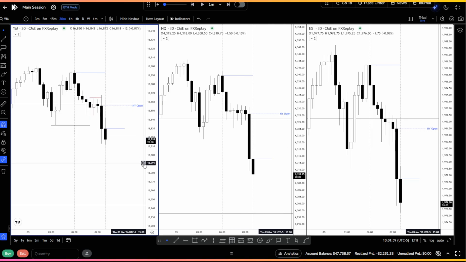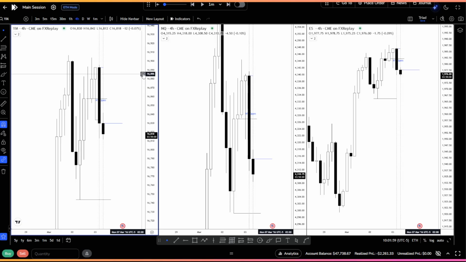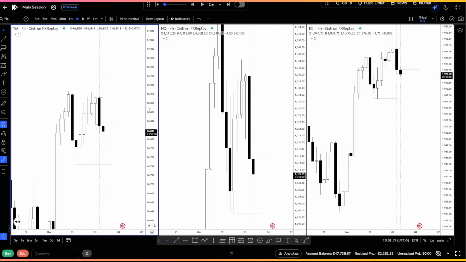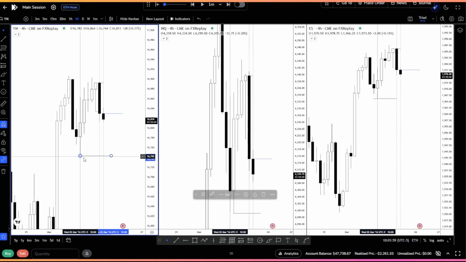Sucks. Okay, 10 a.m. Just want to see this again. 6 a.m. is expanding, was sort of a reversal candle here.